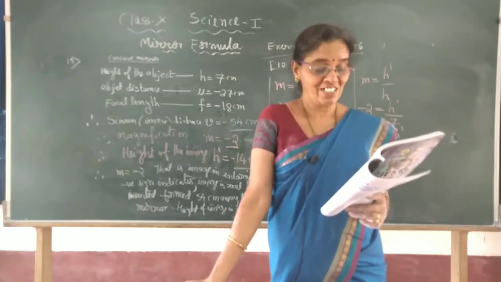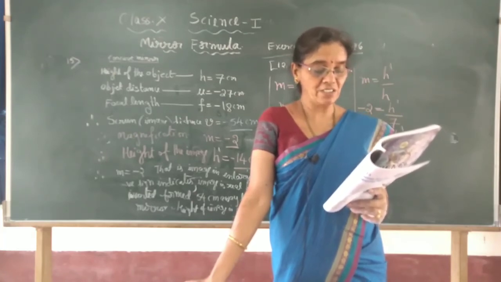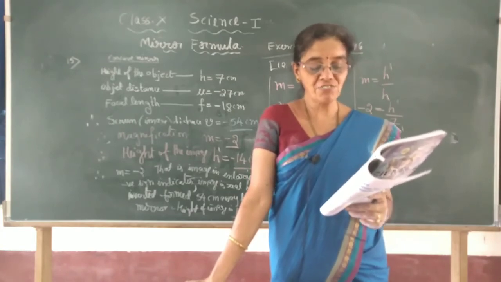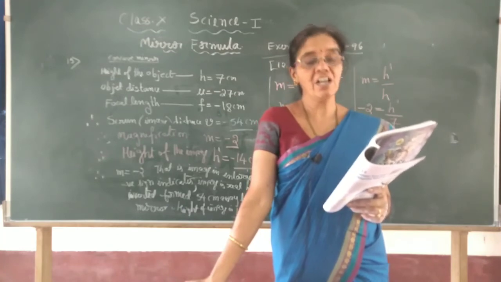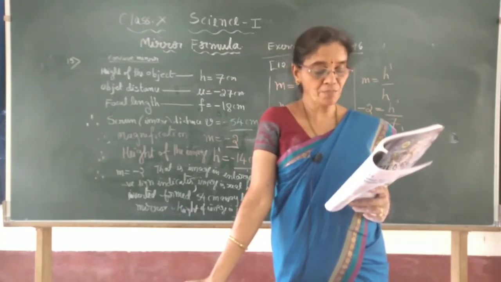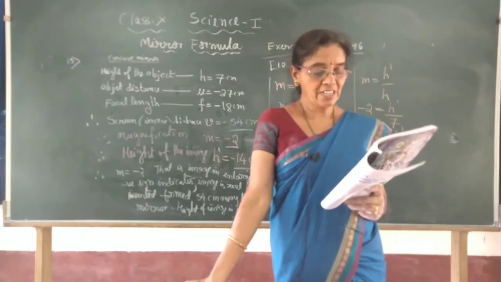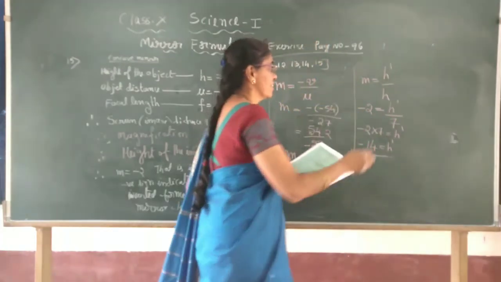Sorry, children, h is 5 centimeter, that is the height of the object, placed at a distance of 20 centimeter, so u is equal to minus 20 centimeter, in front of the convex mirror. Okay, and radius of curvature.